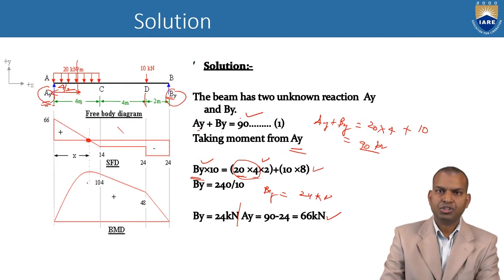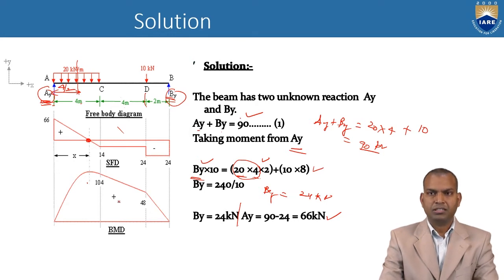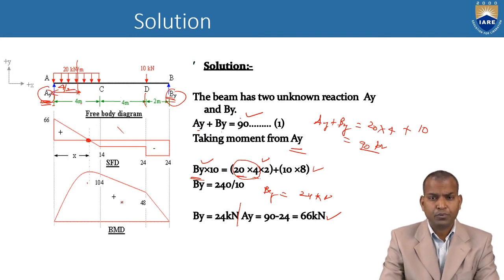So Ay is 66 kilonewtons and By is 24 kilonewtons. Now the support reaction values, UDL values and point load are all known.